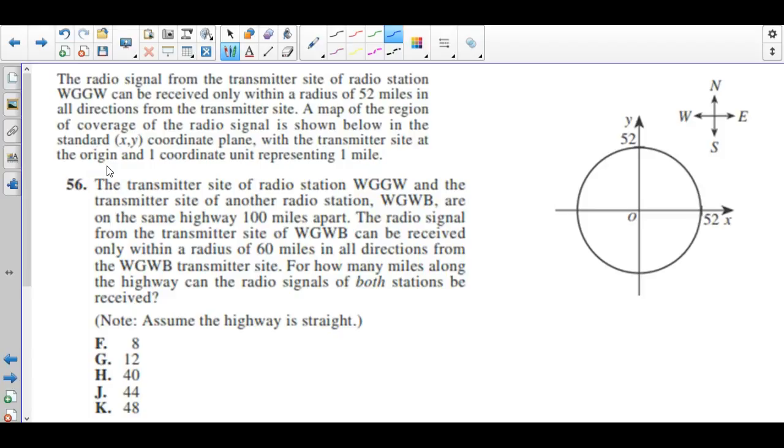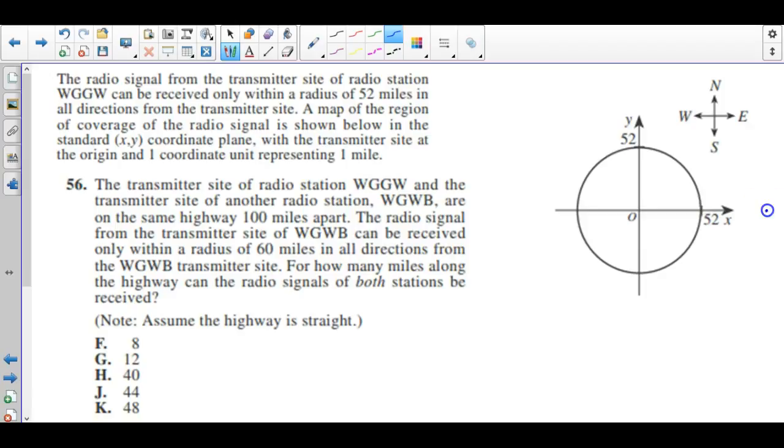This next problem, also dealing with these circles here, it's talking about, in this problem specifically, another transmitter that's 100 miles apart. Radio signal can be received only within a 60-mile radius in all directions. So what I really have is this one out here at 50.